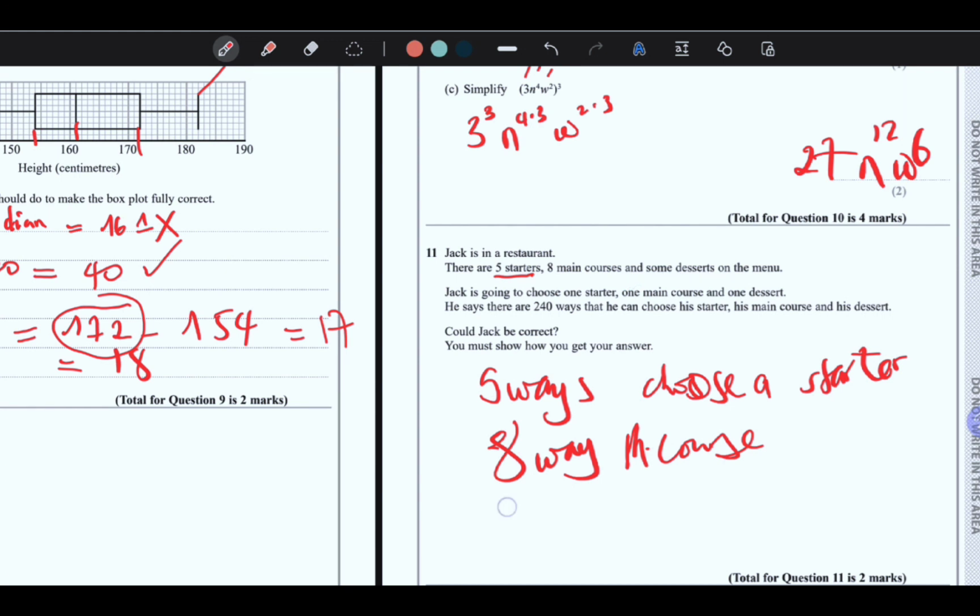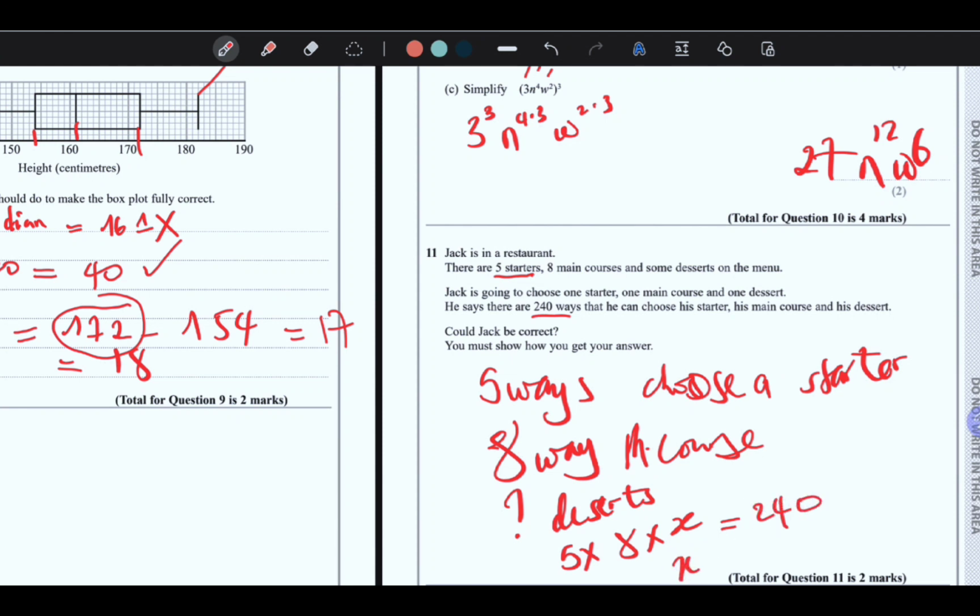Well, we don't know how many desserts there are because it says there are some desserts. So we don't know how many ways he can choose that. But let's assume he is right. It means there will be 5 times 8 times x ways to choose all 3 dishes. So this will be equal to 240.